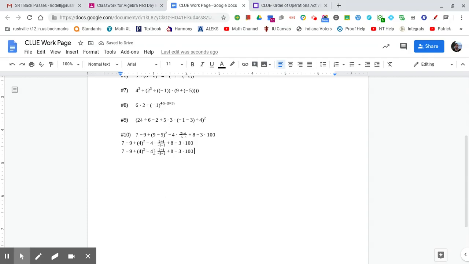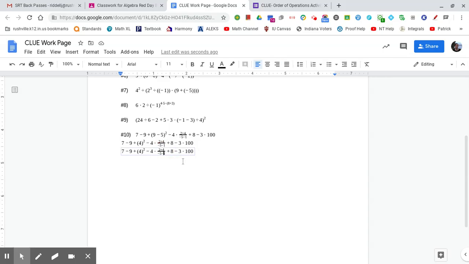All right, so I'm still looking for parentheses. Okay, inside these parentheses, I no longer have an operation. So I don't see any other parentheses. However, with fractions, we could put parentheses around the entire numerator and around the entire denominator. So next I'm going to evaluate the numerator and the denominator of the fraction.